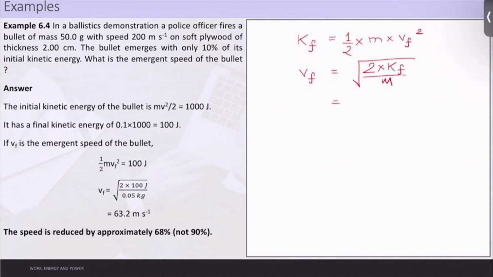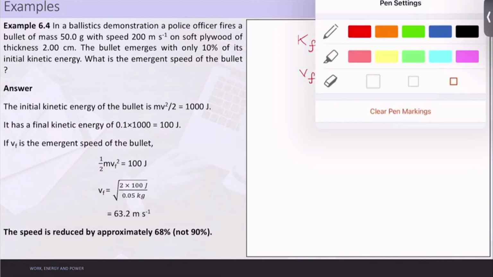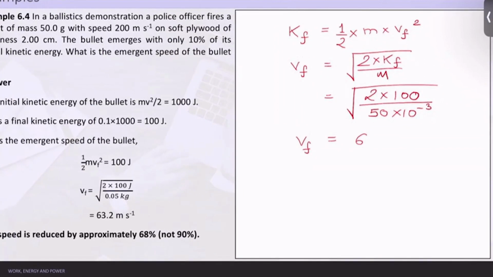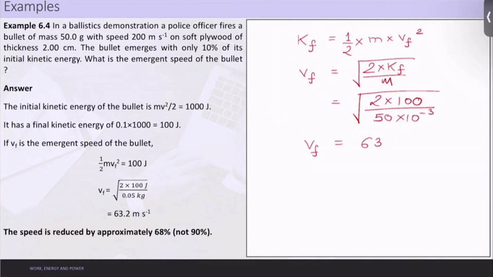That is the square root of 2 into 100 upon mass, which is 50 into 10 to the power minus 3. Please write out the units very clearly, because a change in units can cause a blunder in the calculations. Therefore the final velocity will be 63.2 meter per second.